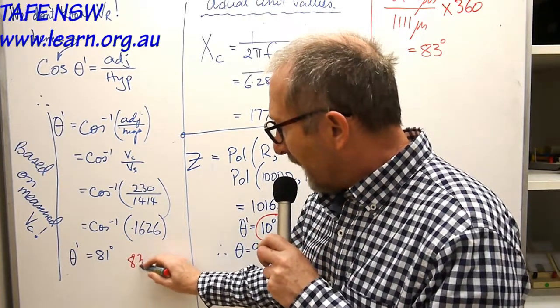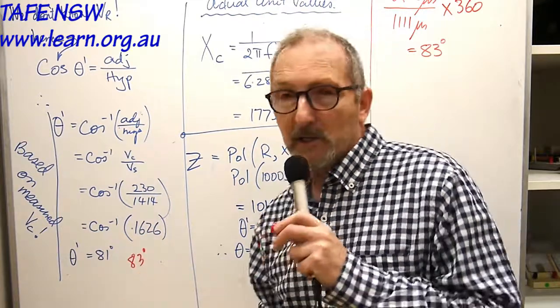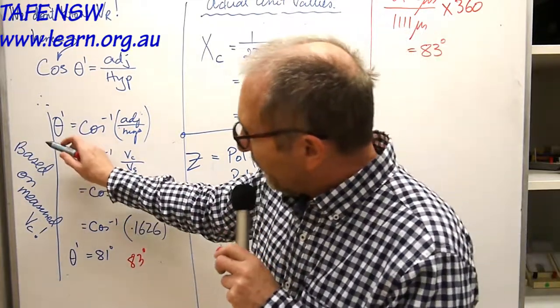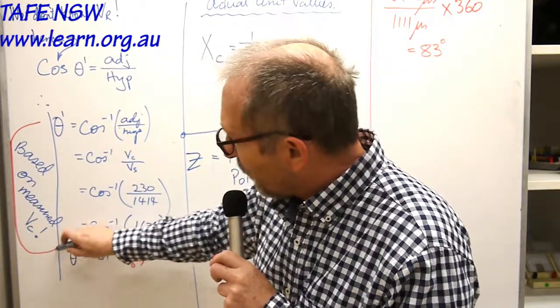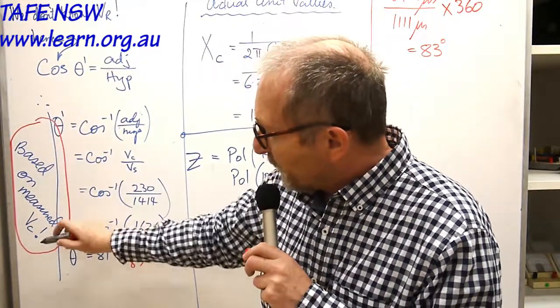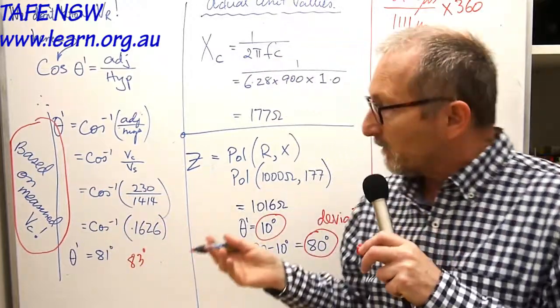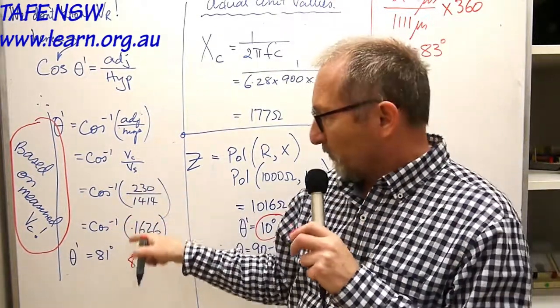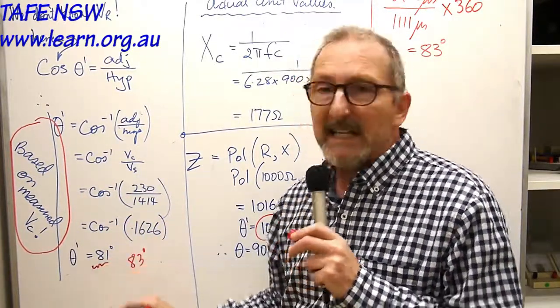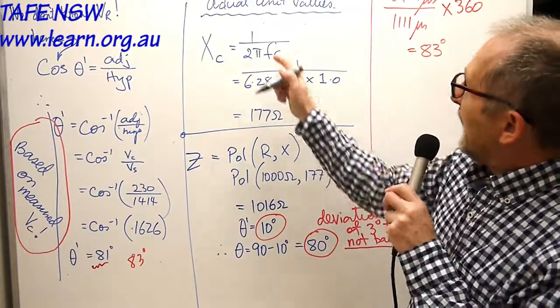We measured 83 degrees, calculations say 81, but be careful, this is based on the measured VC. If I'd made a mistake measuring VC, that result would not be exact, but it's pretty close.